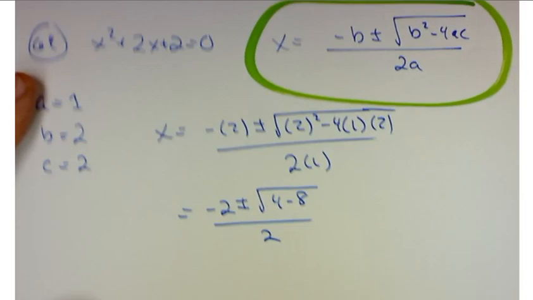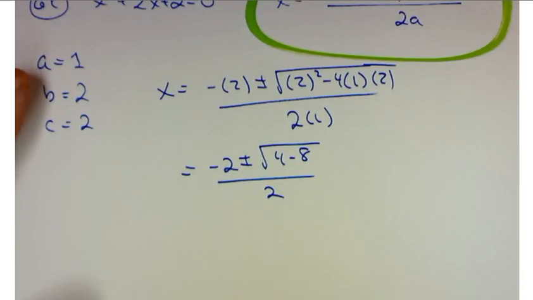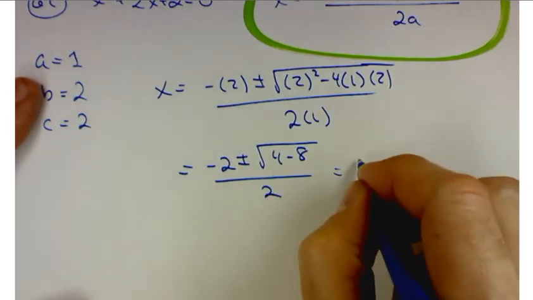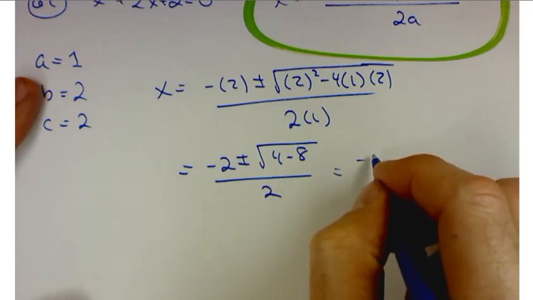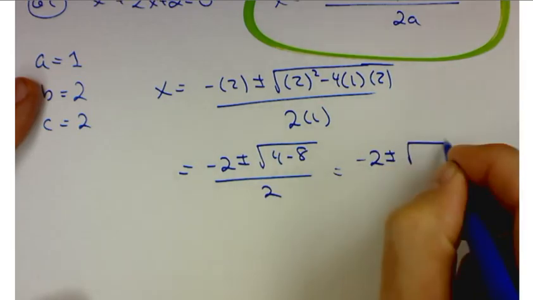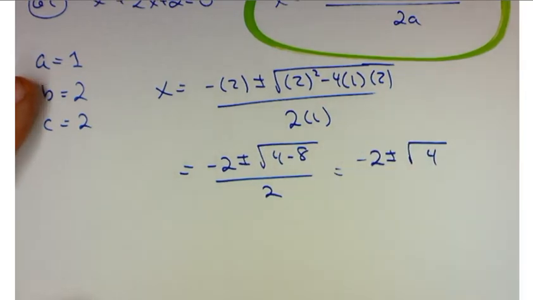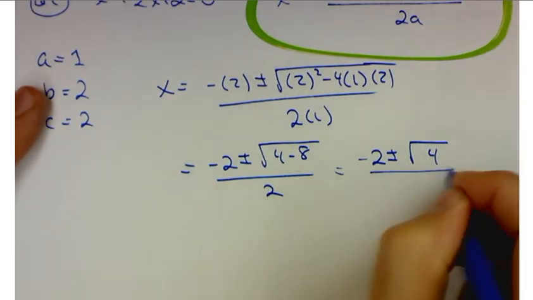Now there's something magical that happens when people do this problem. When they simplify the numerator, plus or minus the square root of 4 minus 8, they get negative 2 plus or minus the square root of 4. What magic has happened here?